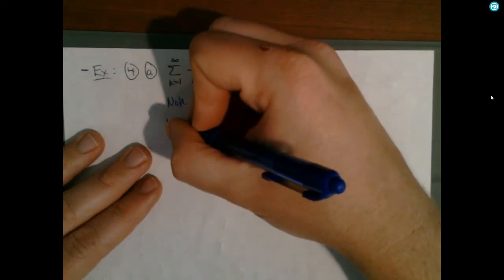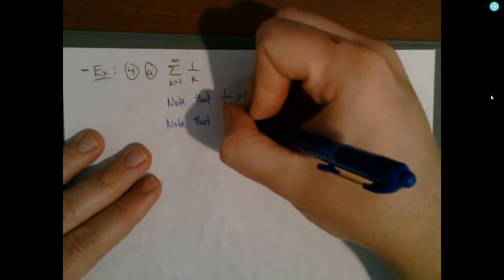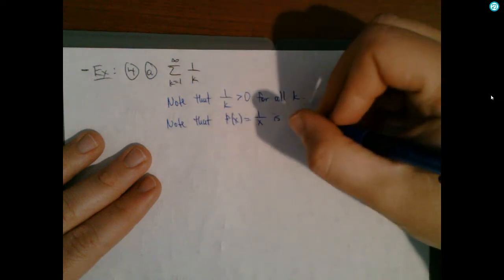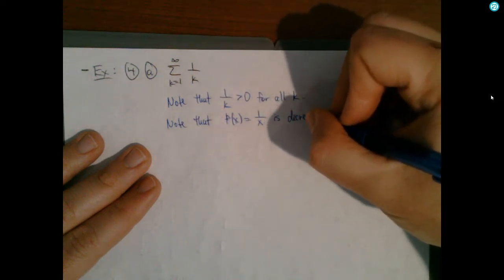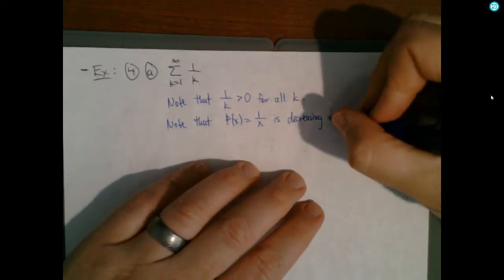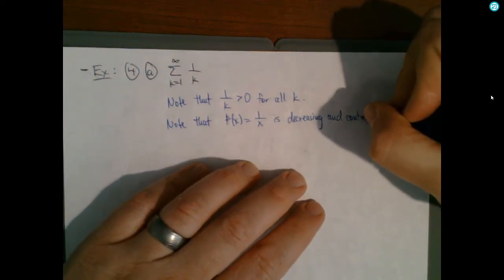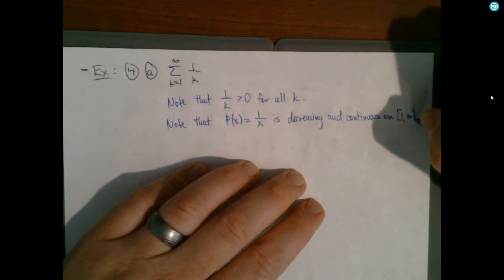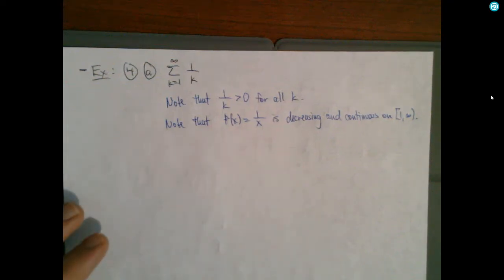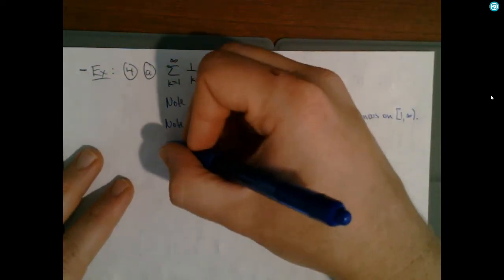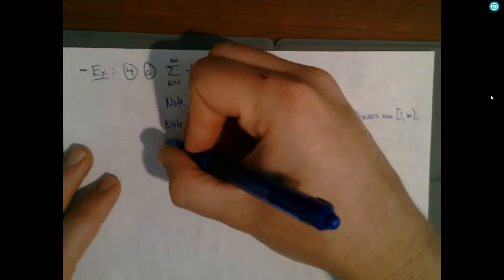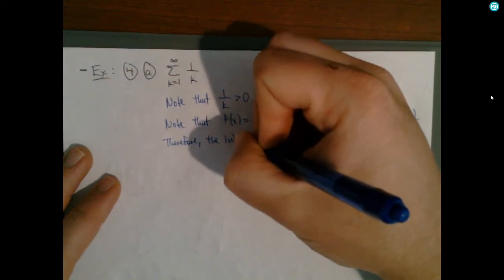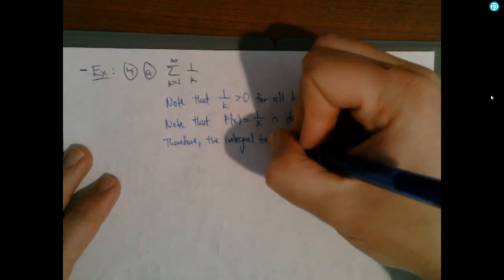And also note that f of x equals 1 over x is decreasing and continuous on the interval from 1 to infinity. Okay, so those are the conditions, right? So we can say, therefore, the integral test applies.